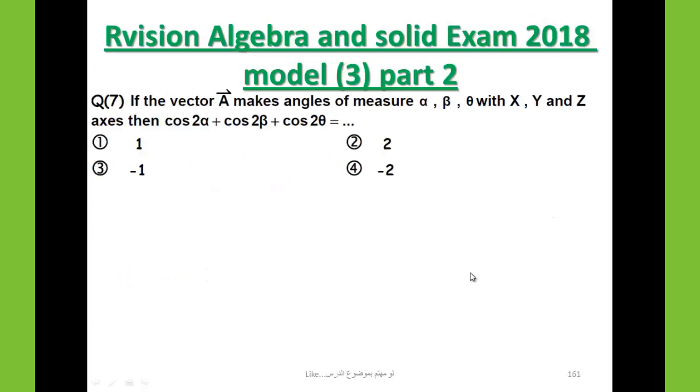Question 7. If the vector A makes angles of measure alpha, beta, and theta with the x, y, and z axes, then cosine 2 alpha plus cosine 2 beta plus cosine 2 theta equals one of these values.